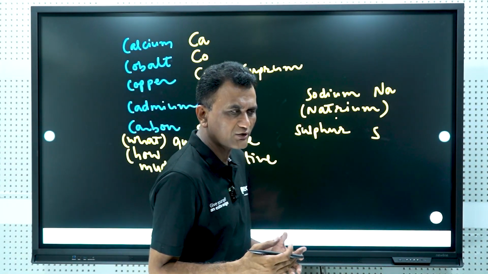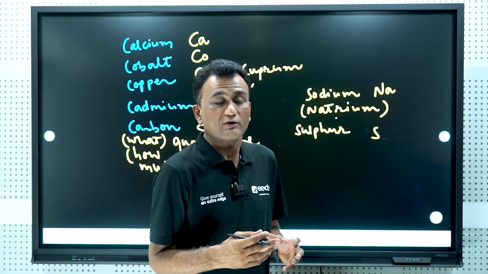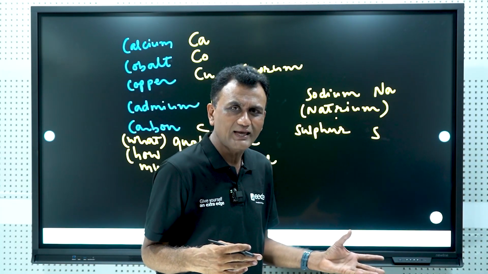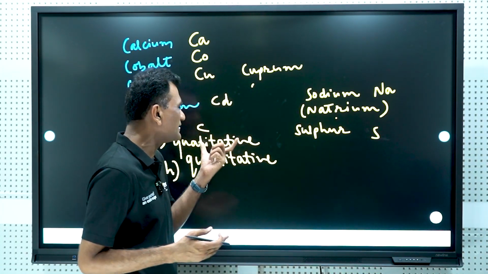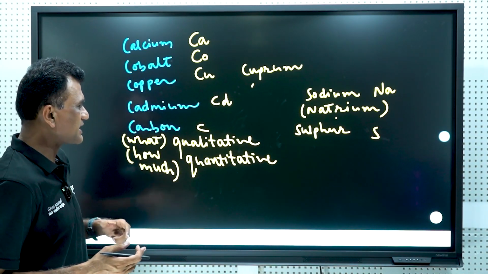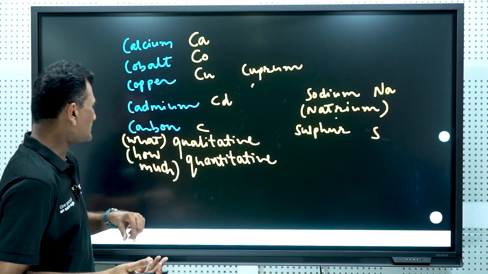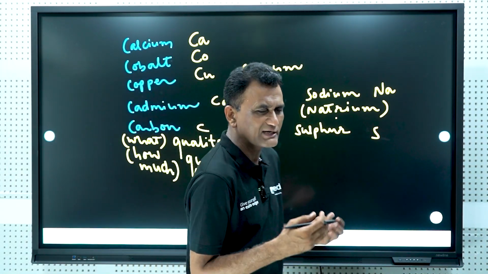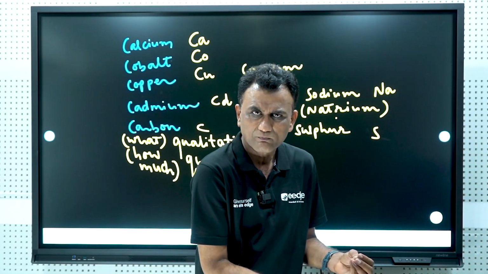Now air is a mixture of nitrogen gas and oxygen gas. There is a lot of nitrogen in the air. Nitrogen is abundant as compared to oxygen. So that is the qualitative thing. Okay, we just say what is present in air. But quantitative means how much. Nitrogen is 78 to 79% by volume of air.